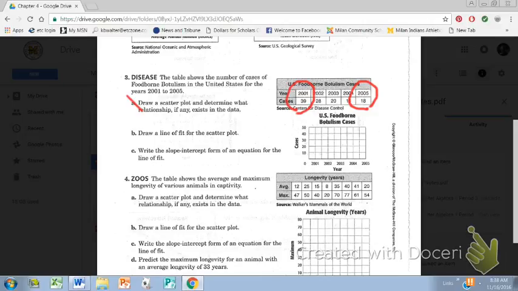And for problem 4, I'm going to do kind of the same thing. You're going to draw the scatter plot, draw the line of fit. This one I want you to use the 1540 and the 3570 to draw your line of fit and to write the equation. You have to make the prediction based on that information. So these are the points that I want you to use. Okay, good luck.